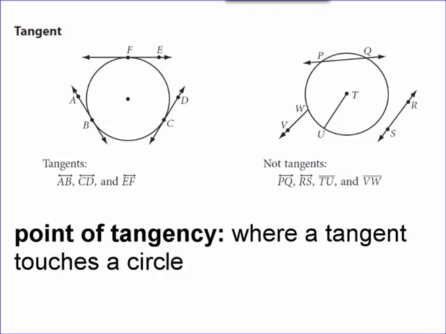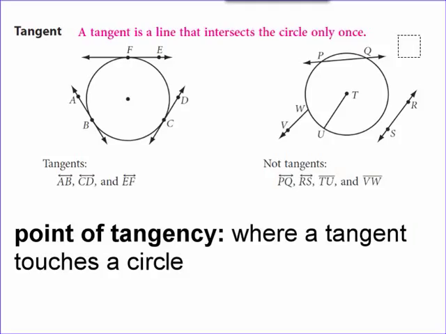It's a line that touches the circle at one point. A tangent is a line that intersects the circle only once, touching the circle at only one point.